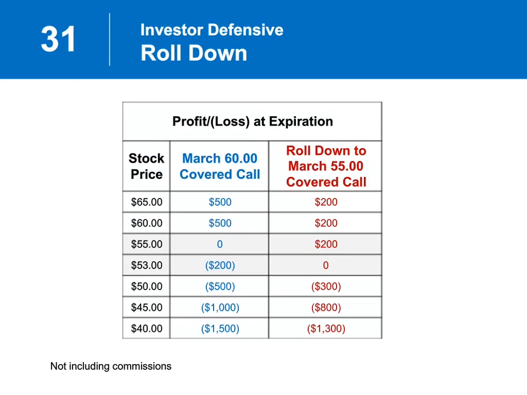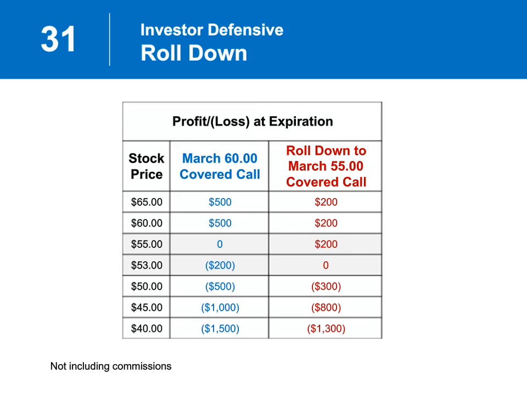So rolling down, this is how it looks. Again, you've got that March 60 column as well as the roll down to the 55s. And when it comes to analyzing covered call positions this way, I always go to those right-hand boxes at the top and the bottom and see what's my maximum profit potential. You can see that maximum profit potential above 55 turns out to be $200.